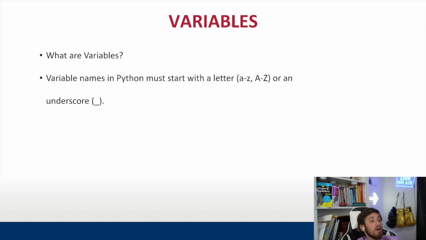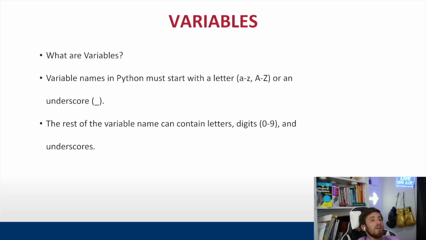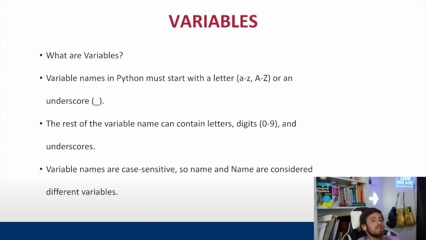So if you want to have a name variable, maybe name would be a good variable, or if it's first name, maybe you'll have first underscore name. Make sure that there are no spaces in your variable. If you want to have a space, use an underscore as you see here. The rest of the variable name can contain letters, digits, and underscores as well. And that's that. Variable names are case sensitive, so name and then Name with a capital N are considered different variables. Just keep that in mind.